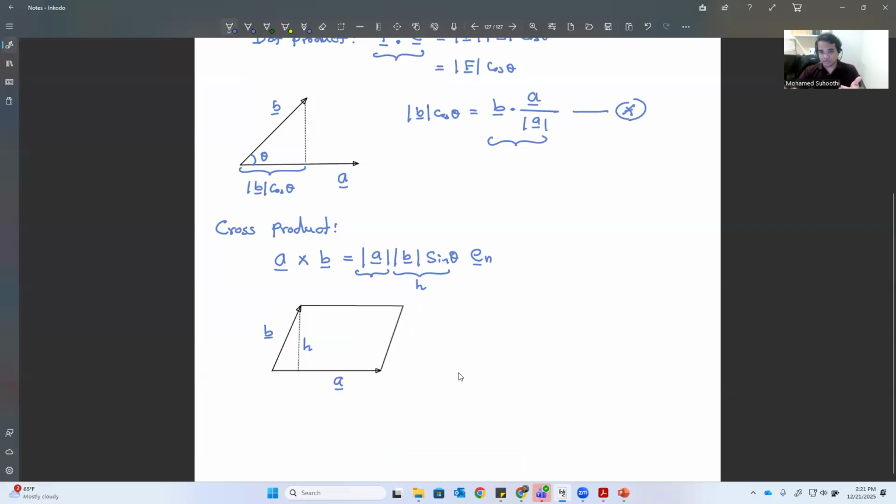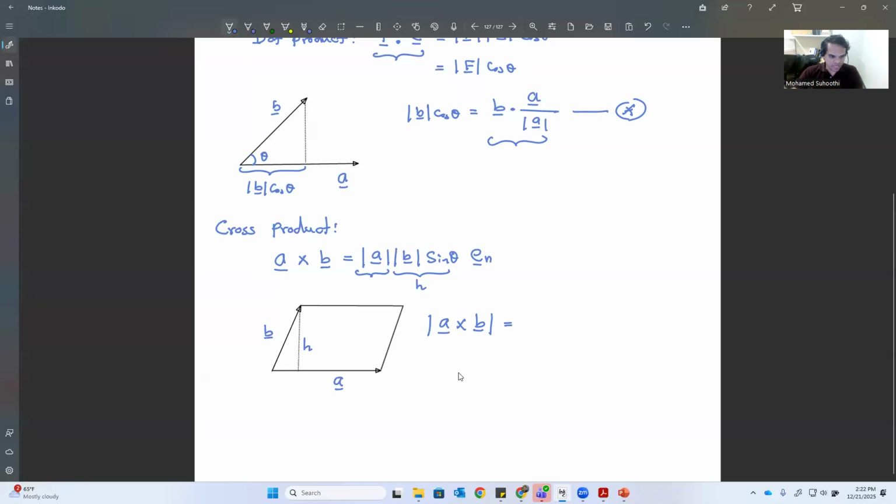The direction of A cross B is coming out of this paper plane.